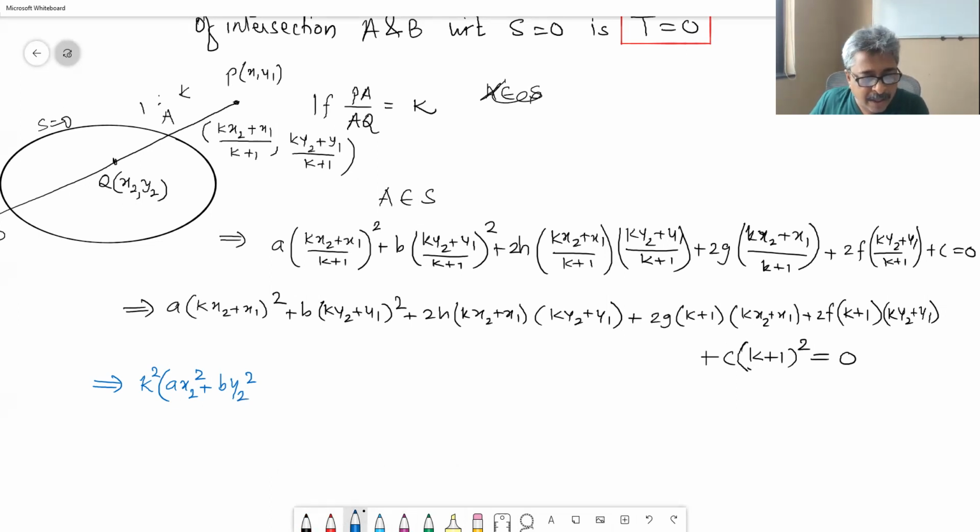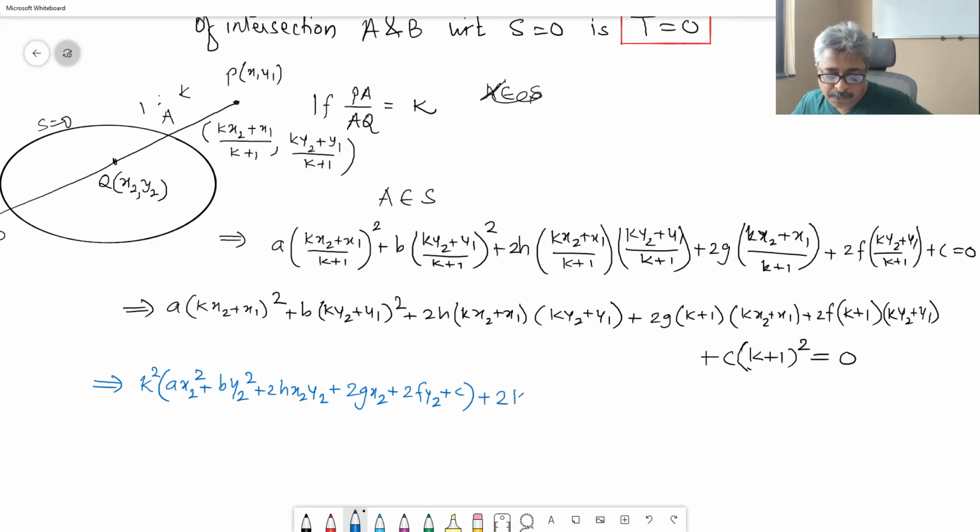So for k square: a x2 square plus b y2 square plus 2h x2 y2 plus 2g x2 plus 2f y2 plus c. That is the coefficient of k square.